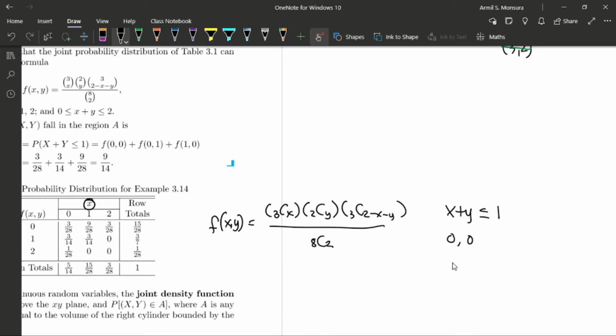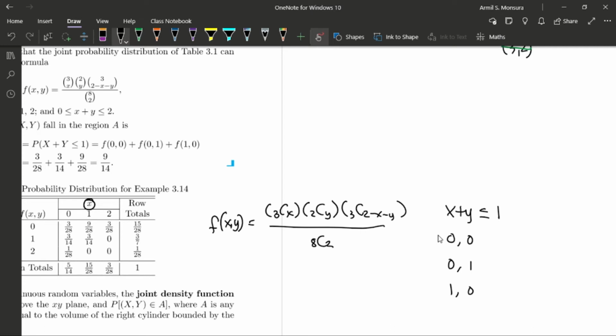Or it can also be 0, 1, because the sum of x and y is equal to 1, so it is within that region. Or 1, 0. Again, the sum of x plus y is 1, so it is still within this region.